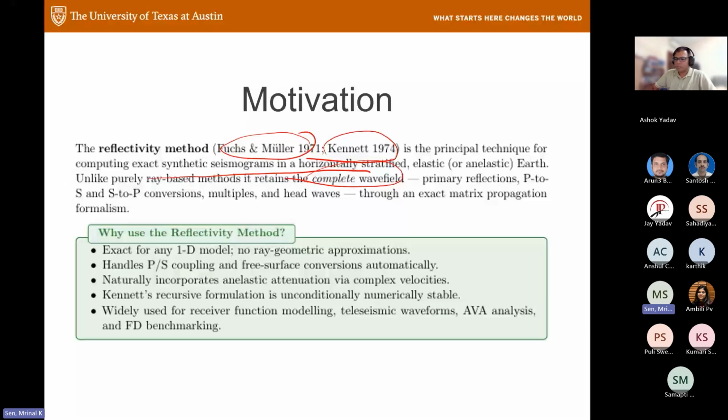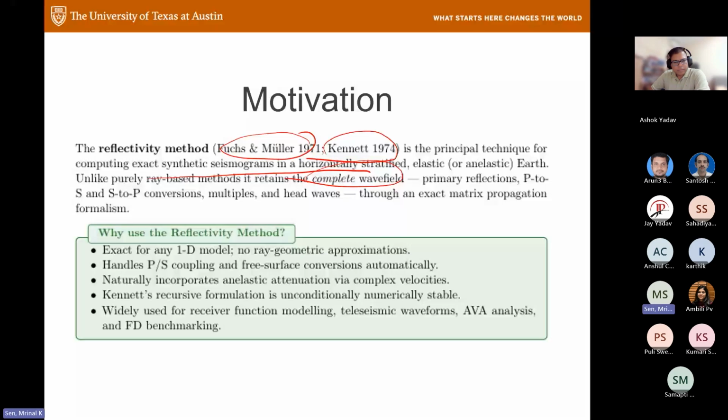So this method includes primary reflections, P2S and S2P conversions, multiples, head waves, surface waves, everything. And for that, it uses an exact matrix propagation formalism.